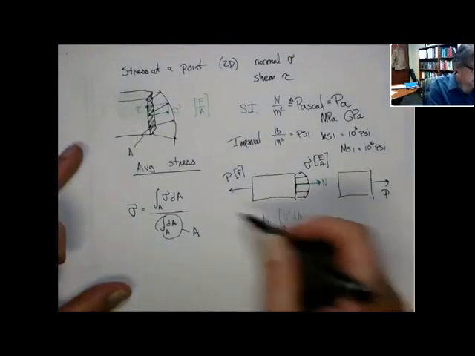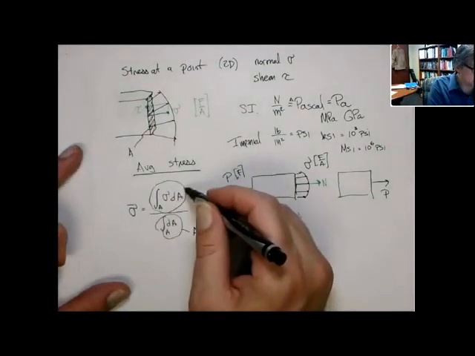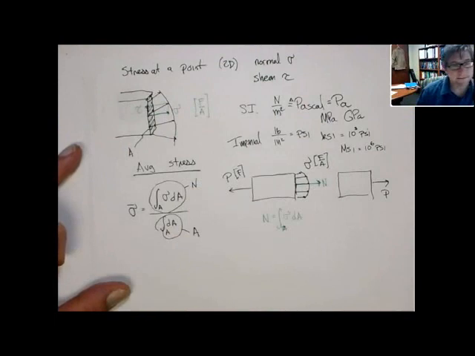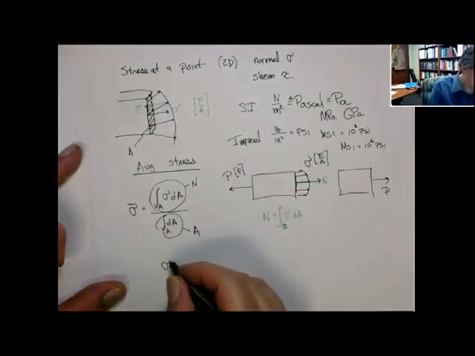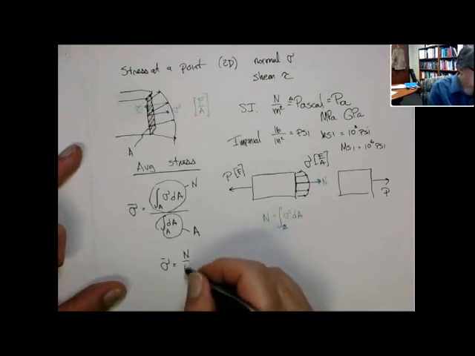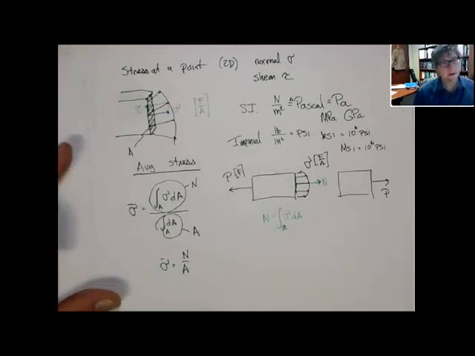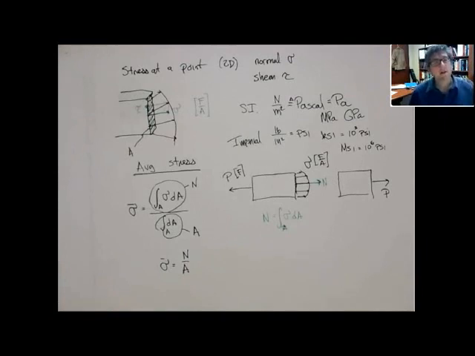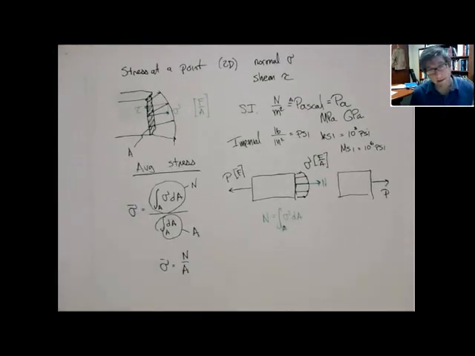And now we can immediately recognize that that's actually what's in the numerator here. So that's N, and that tells us that the normal stress is N over A. The average normal stress is just the internal reaction force at that point divided by the area. A lot of times N is P, but be careful. When I talk about average stress, we always talk about stress at a location.